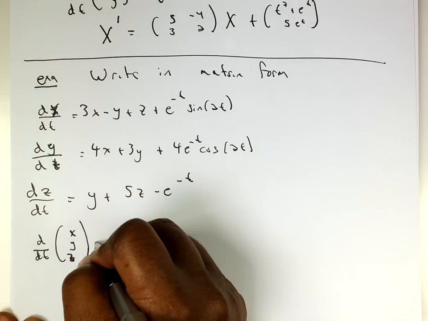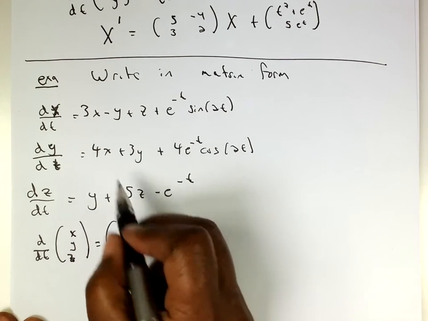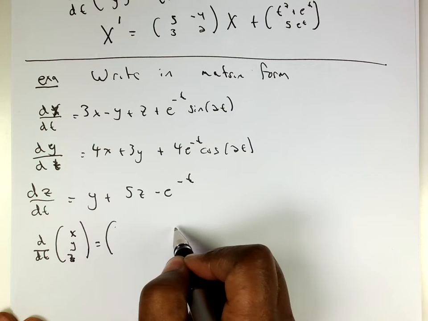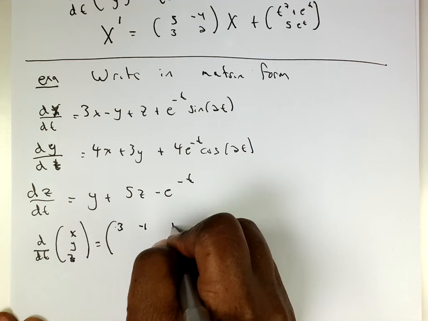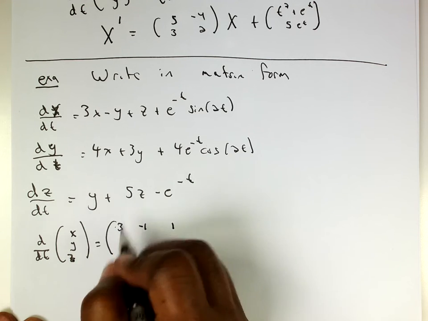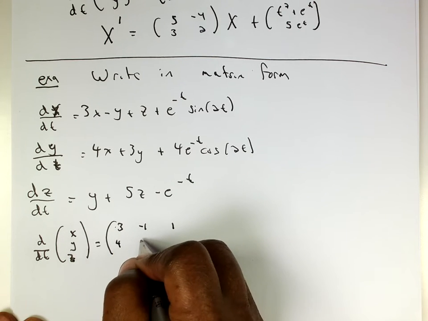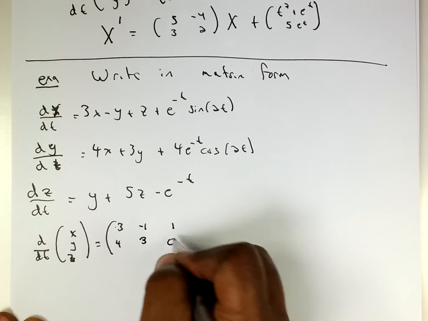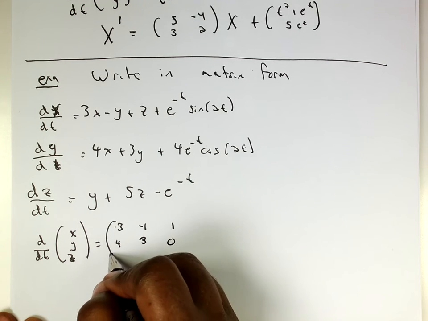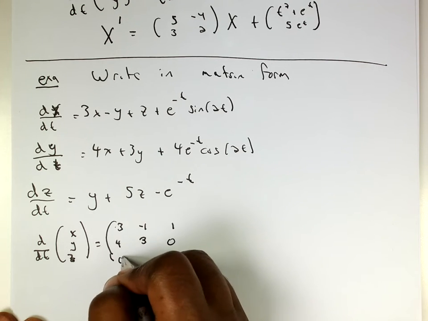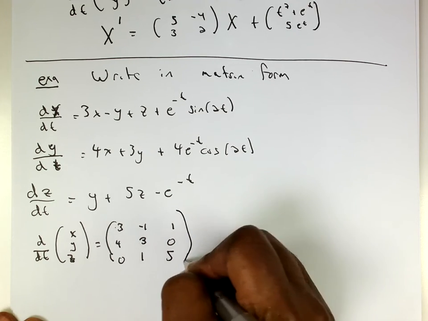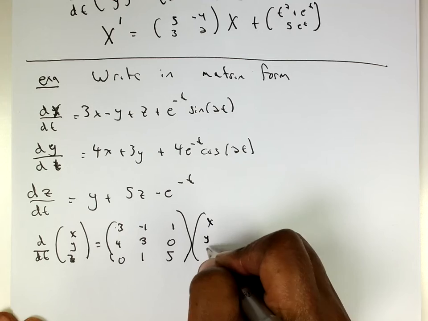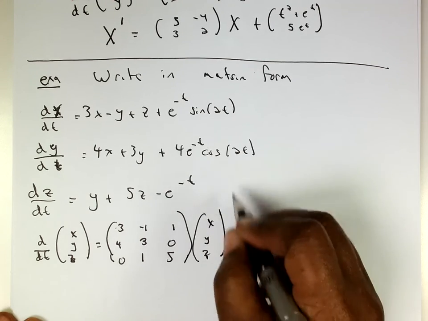And then my coefficient matrix: coefficient of x, coefficient of y, coefficient of z. So I have 3, negative 1, 1. For the second one, I have 4, 3, and 0 because there was no z present. For the third one, I have 0 because there's no x, then 1 and 5. And my column matrix x, y, z.